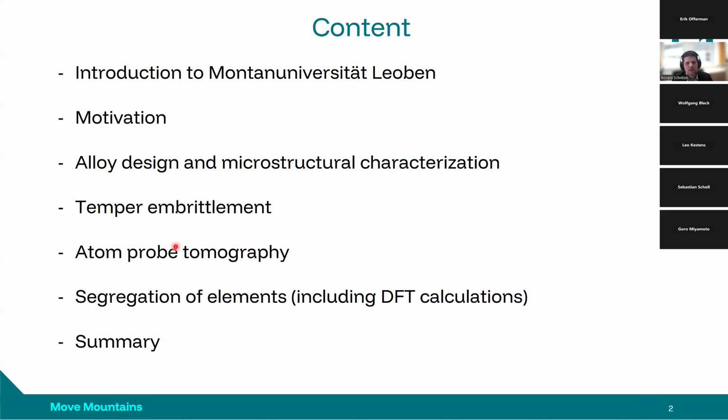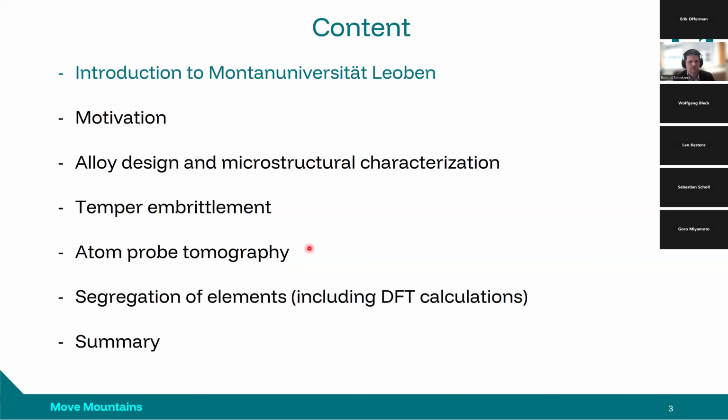For example, I've included one chapter on atom probe tomography, which we do a lot. So I will briefly introduce the method we are using with 2 or 3 slides, so that it's maybe interesting also for persons who are not familiar so far with the methods we are using, where the results come from.